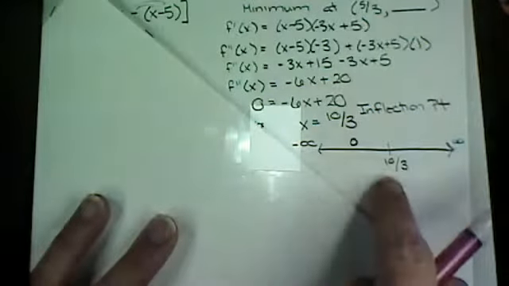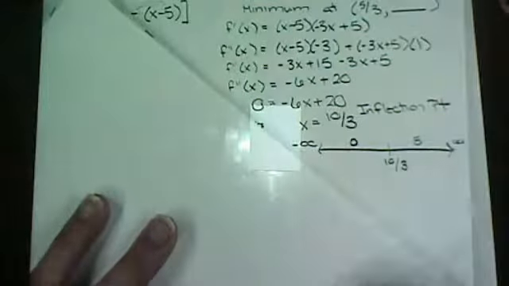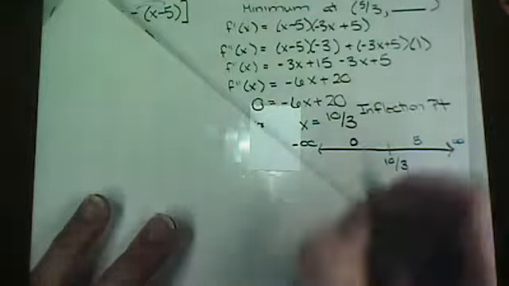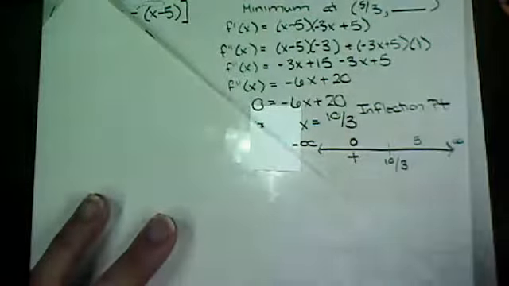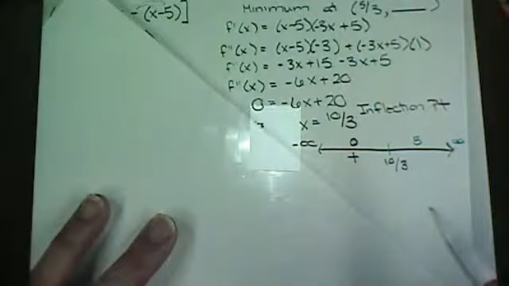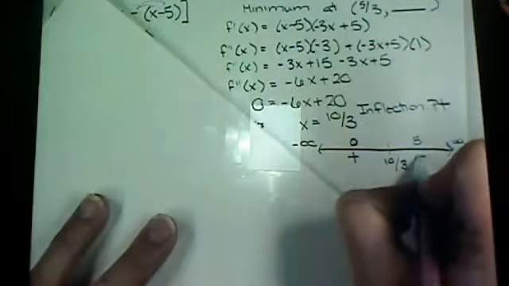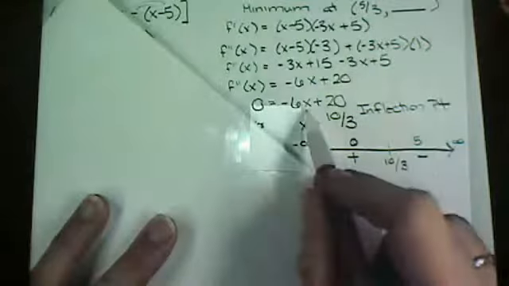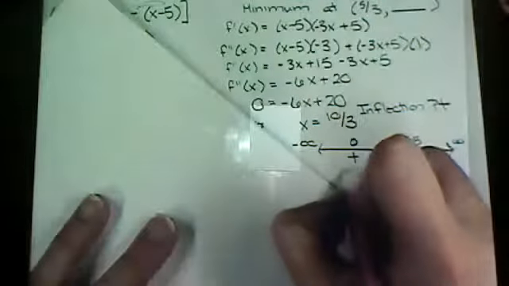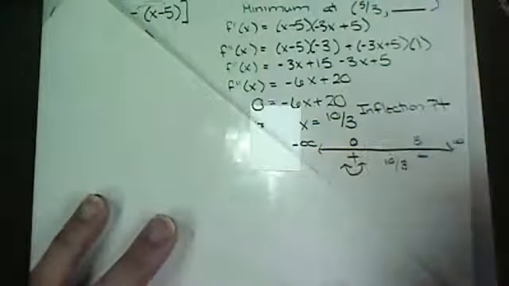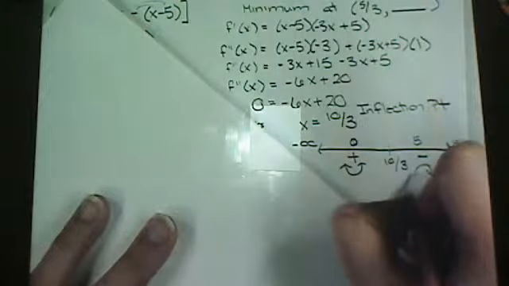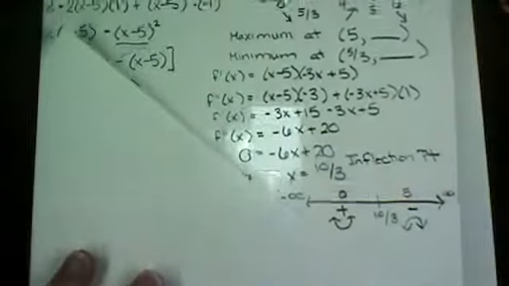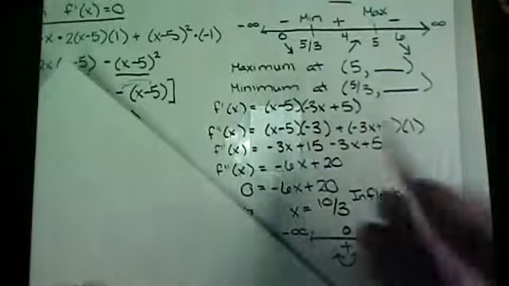And on this side, I'm going to pick 5. Okay, I get a positive number when I plug 0 into my second derivative. I get a negative number when I plug 5 into my second derivative, which means this is concave up and this is concave down.